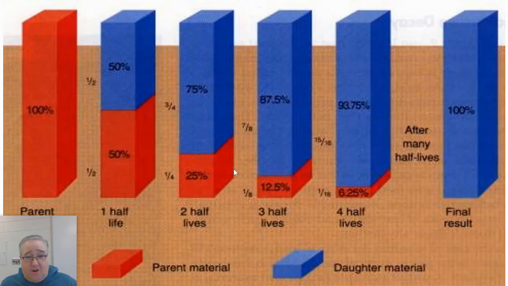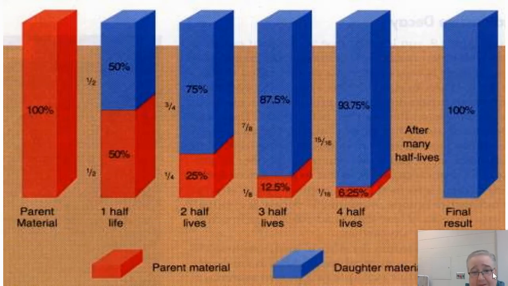All right, this is another graphical representation. This is just a bar graph. So let's say, for example, this red bar here represents carbon-14 again. You have 100% of your carbon-14, that's your parent material. After one half-life, you have 50% of that carbon-14 left. The other 50% is some other atom that carbon-14 has turned into.